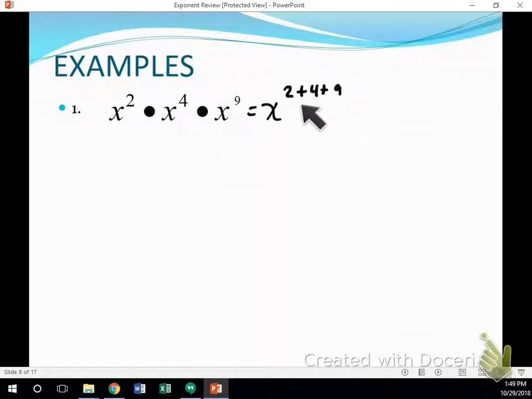So if you want to write out a little bit of work, 2 plus 4 plus 9, I heard several people saying that that is how they came up with x to the 15th power. So this is our answer, but if you want to write this middle step of how I came up with it, go for it. So you wouldn't just be able to leave it like x plus 2 plus 4 plus 9? Right, this would be considered a step or maybe showing work, but our final answer would be x to the 15th.